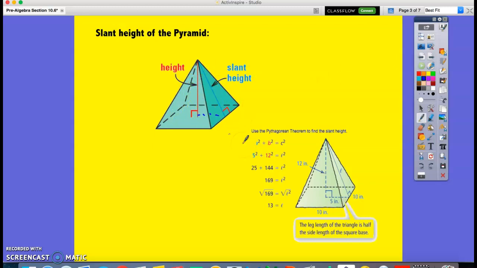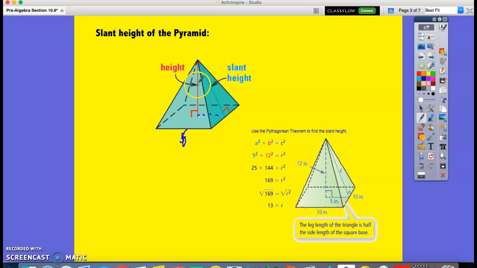Now, the height goes to the center of the base, and if we know the dimensions of the base, we can actually find the slant height, right? From the center to the side of the base will be half of the side length. So if this is 6, this will be 3.